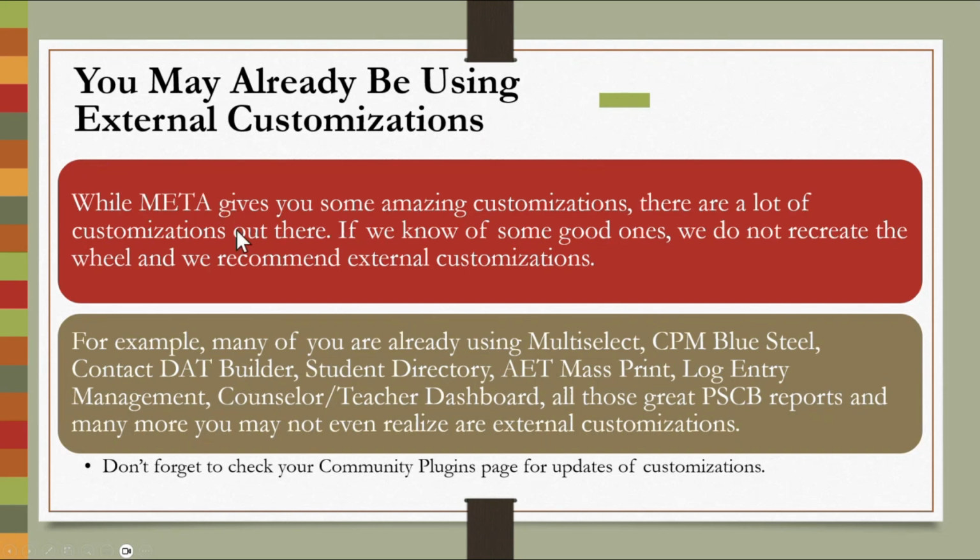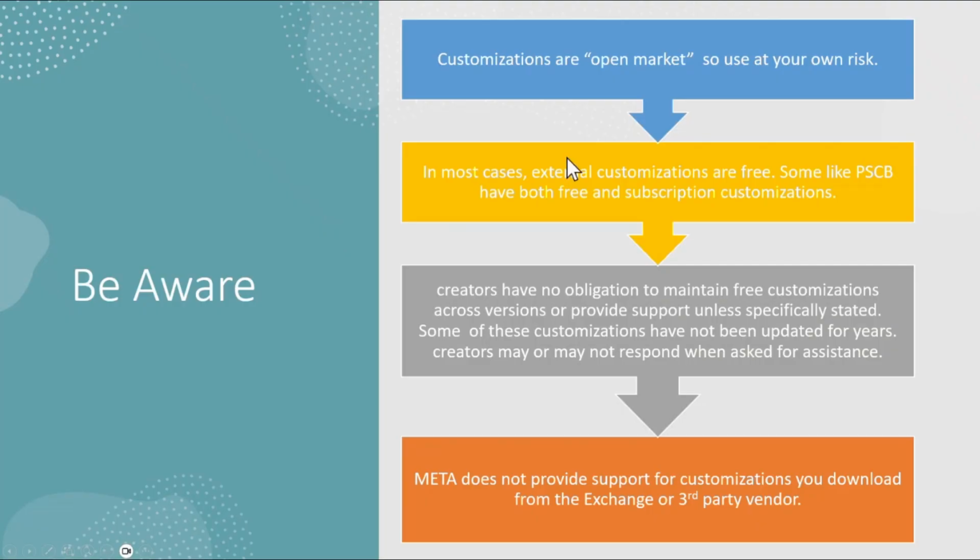Some things that you need to be aware of. Customizations that you find on the open market on Exchange from a third-party vendor, we're not talking meta customizations, are open market. Use them at your own risk. You can download them, you can get rid of them, and in most cases those customizations are free.